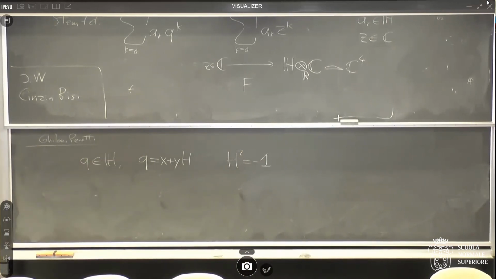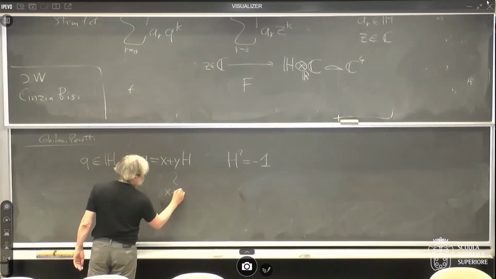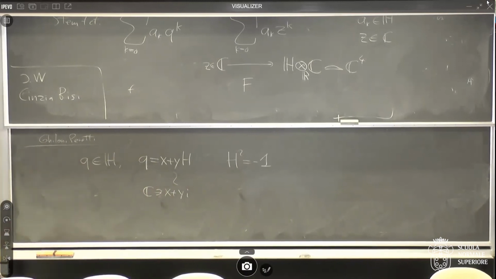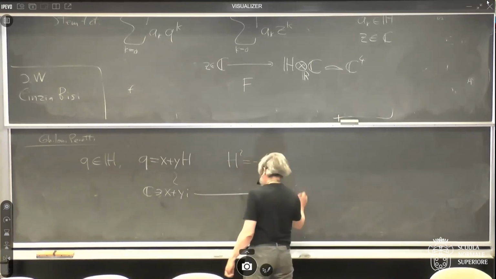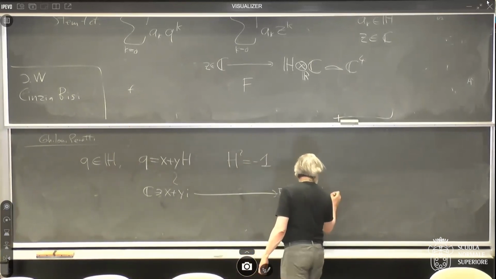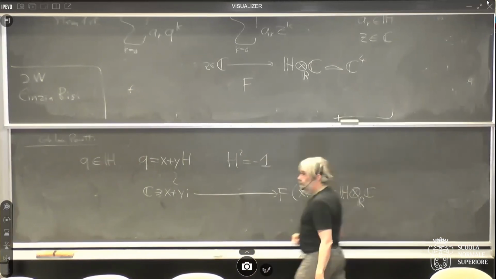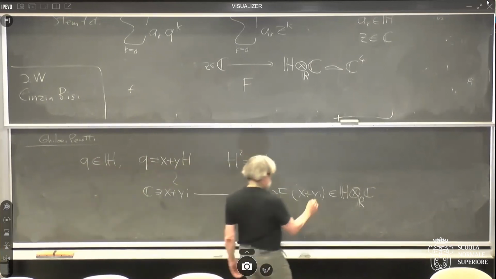And this element you can now associate with an element in the complex numbers, just by replacing h with the standard imaginary unit i of the complex numbers. And then you apply this big F, which is an element in H tensor C.